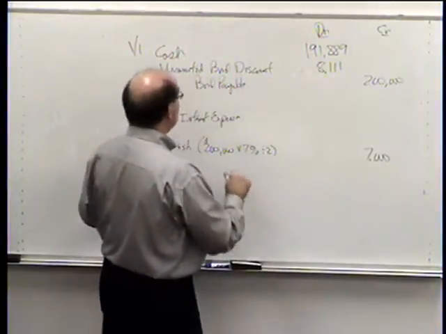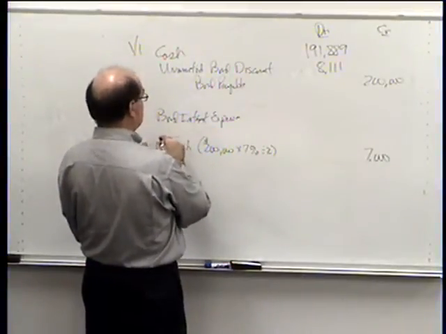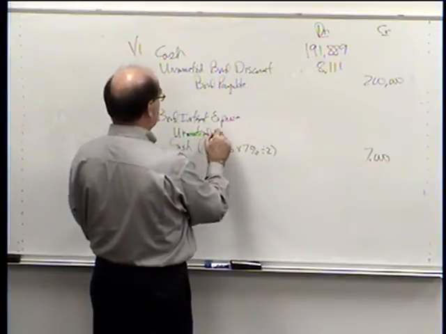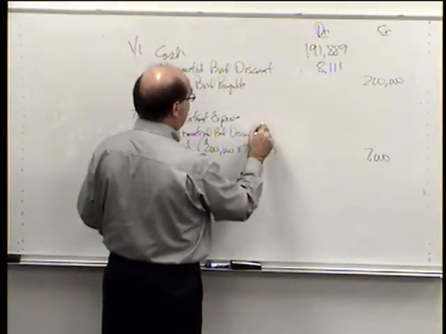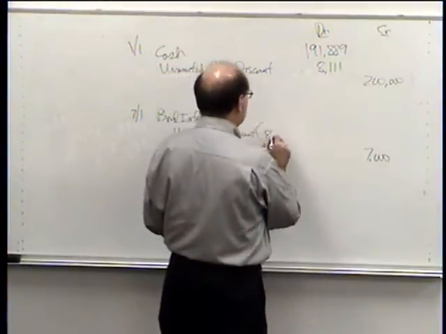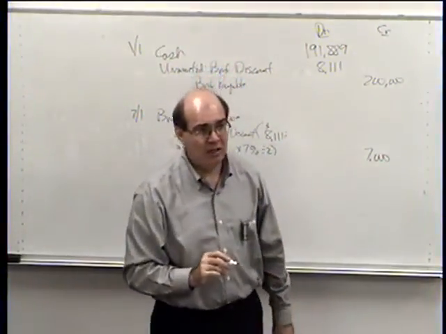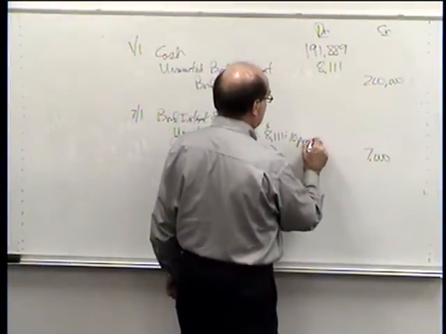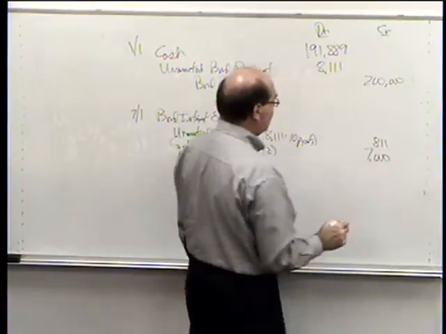So what we do is we take this unamortized bond discount, and since we're using the straight line method, which is easier than the effective interest, we take this amount, the $8,111, the amount of the discount, and we divide it by how many payments we had. And we had 10 payments. And so we put $811 right over here.